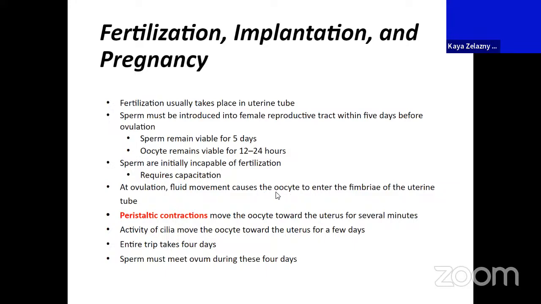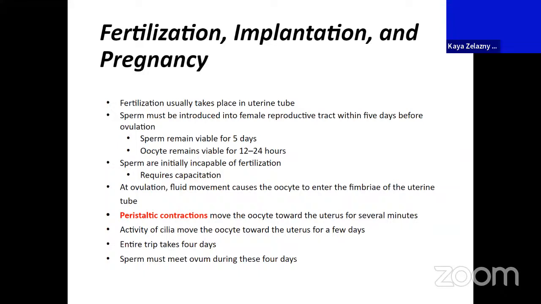Okay. So we're then going to have some contractions. So peristalsis, that kind of smooth muscle squeezing flow, is going to move that oocyte from the fimbriae down the uterine tube towards the uterus. So it's going to do this for a little while. So we're going to have this peristalsis happening for a couple minutes. And then we are going to have the action of some ciliated cells take over. So remember, cilia are basically kind of like cells with extra hairs on them, right?